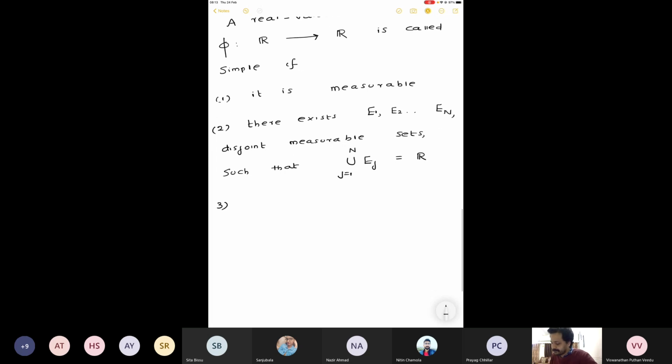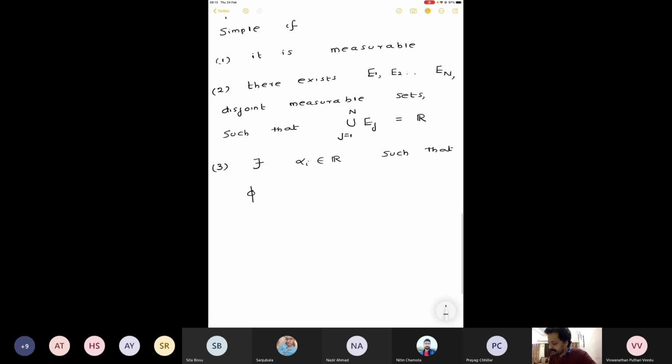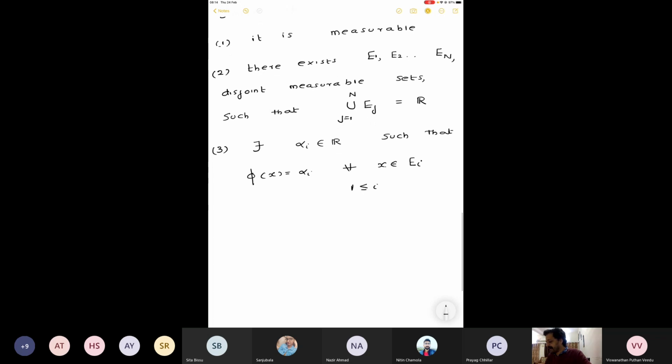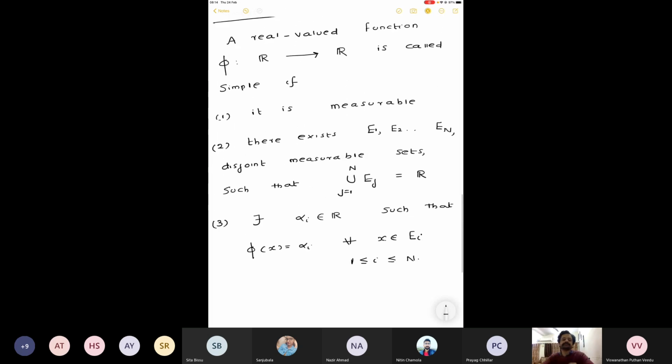And third, phi should be constant on each of these parts: there exists alpha i in R such that phi of x is equal to alpha i for every x in Ei, for 1 less than or equal to i less than or equal to n. So this is the definition.